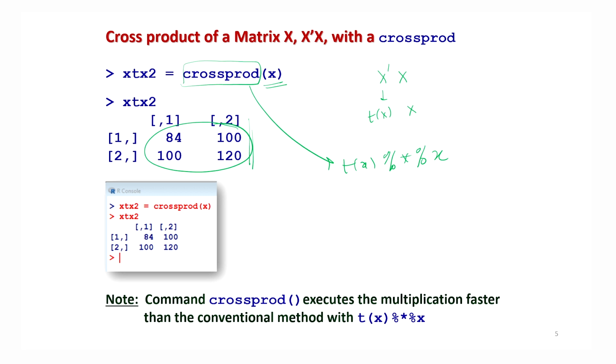Well, my objective is to inform you that when these built-in functions are written, they are written by people who are good at programming, and in programming there is a concept that the same job can be done in different ways, but the procedure which can do it fast is always preferable. So this function crossprod, although it multiplies the transpose of x and x together, executes the multiplication faster than the conventional method like this one.